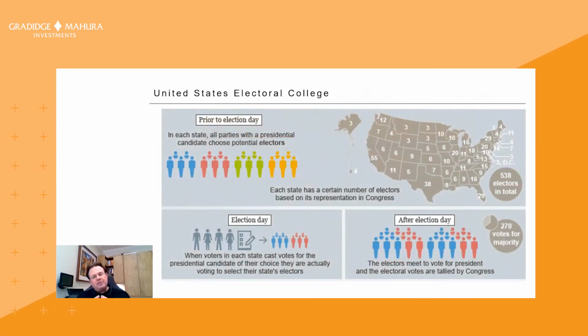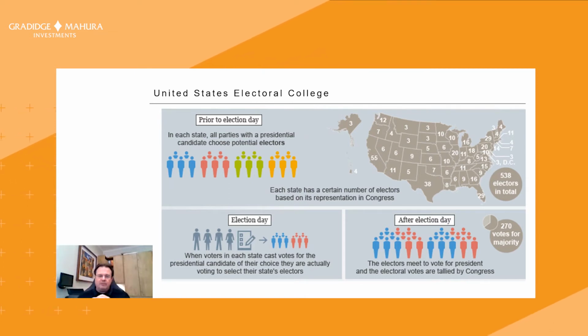Now, when it comes specifically to the presidential election, there's an oddity about the US, and it's called the Electoral College. And it's very difficult to get your mind around because it's not that logical, but it's the way they've done it always. So what happens is that when you go and vote in the US, you vote in the state in which you live.